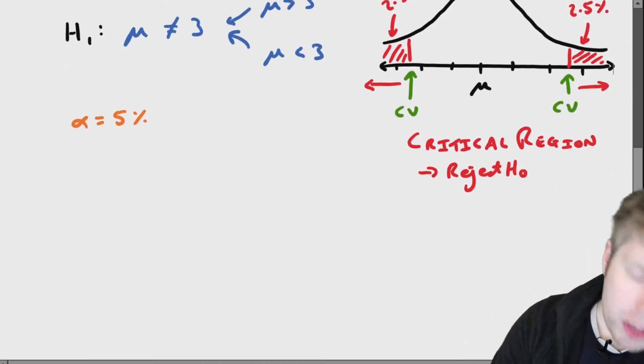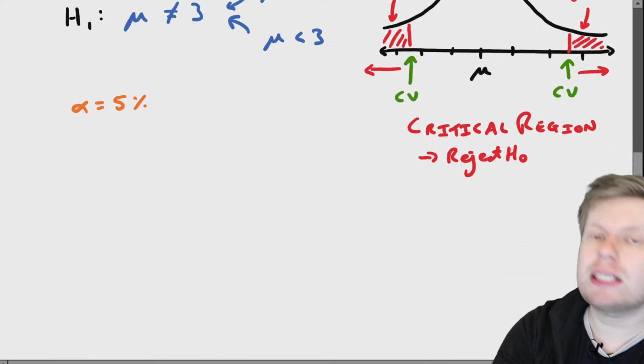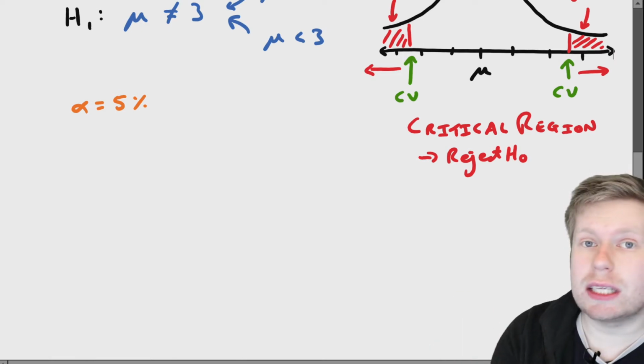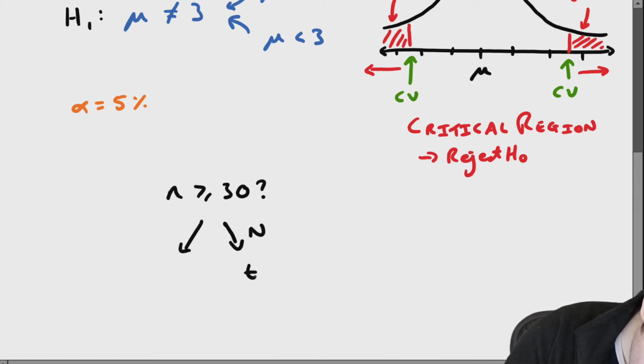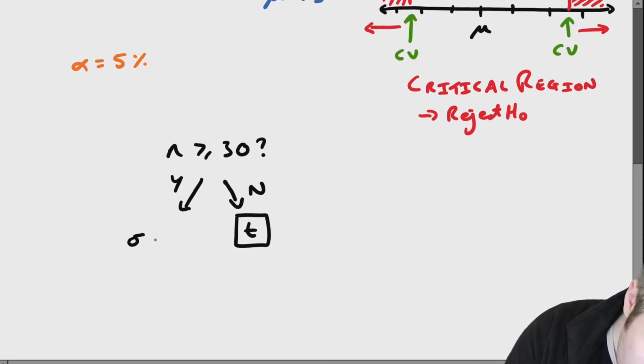Okay, so first of all, I need to figure out what type of test I am using. So is it going to be a Z test? Is it going to be a T test? All right. So I ask the same questions I was asking in my confidence intervals. Number 1, have I got a sample size greater than or equal to 30? If the answer to that question is no, I know straight away that I can use a T test. The other question I ask, if the answer to that question is yes, is do I know the population standard deviation?